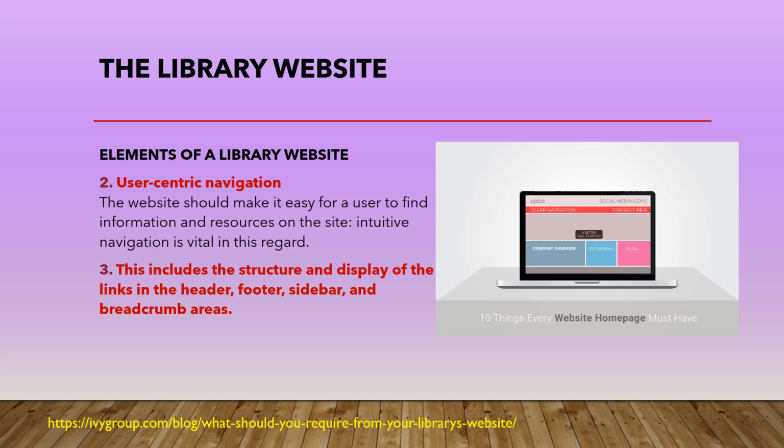Keep in mind that a navigation structure that makes sense to internal management and staff may not be logical at all to your audience. So it looks like the navigation or the structure of the library website should be easy or logical for the users.